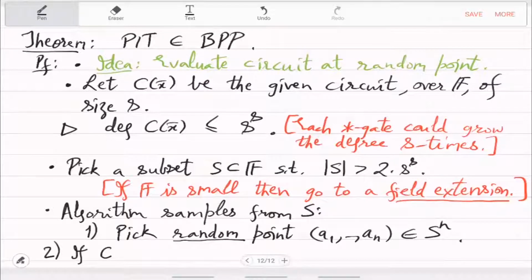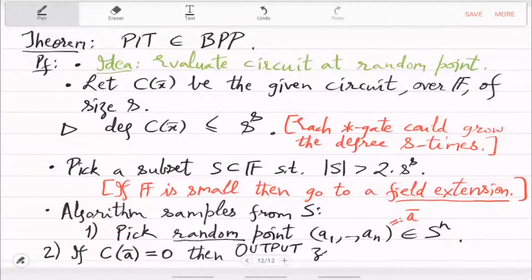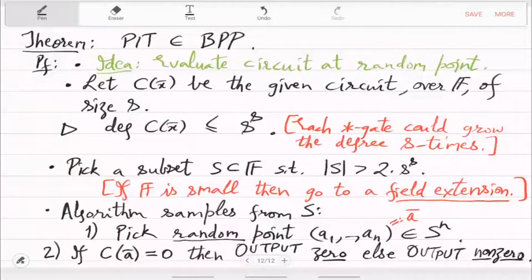So if C at A bar is 0, then you will output 0, else output non-zero. Okay, so this is the simple algorithm.